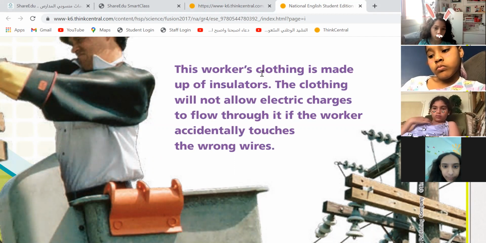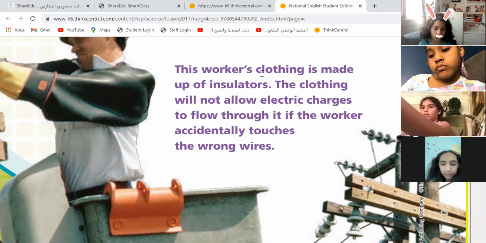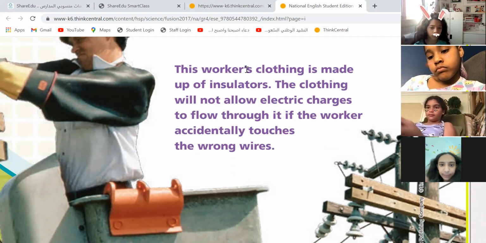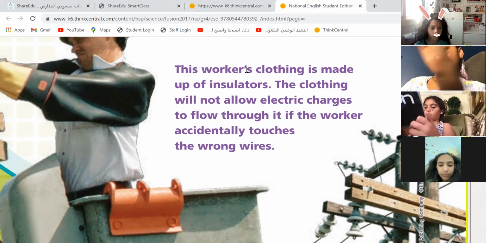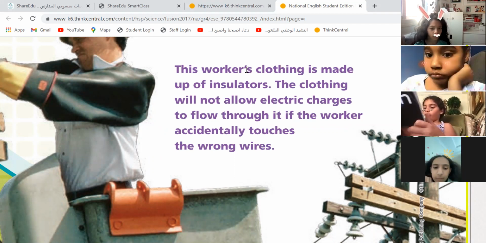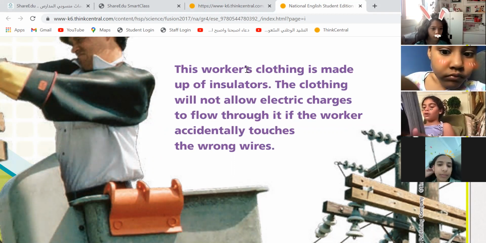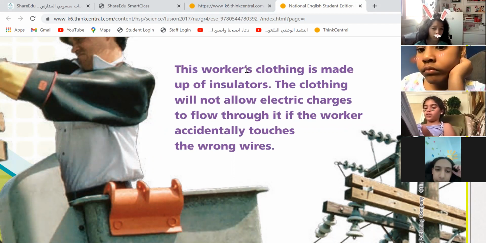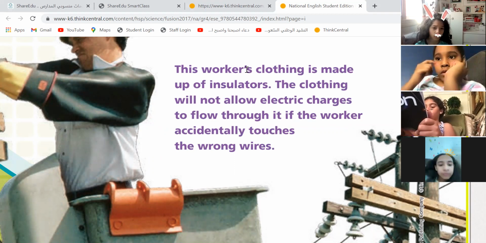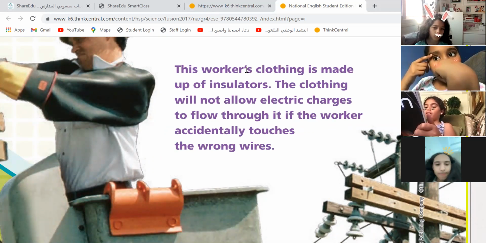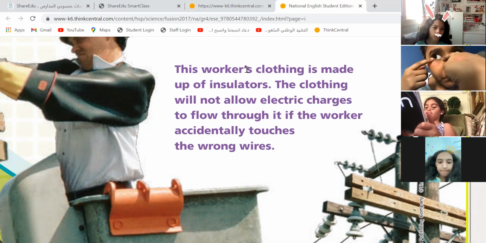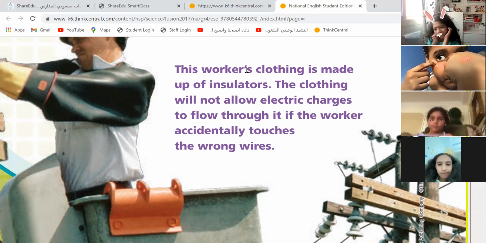This worker's clothing is made up of insulators. The clothing will not allow electric charges to flow through it if the worker accidentally touches the wrong wires.